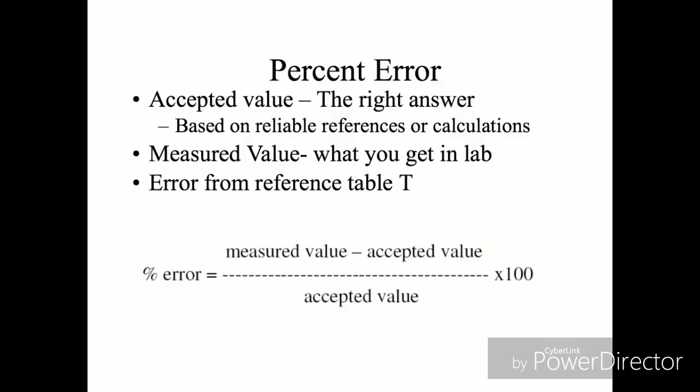The accepted values are going to be values that are given as an accepted value or found in reference table S. Now recall that your percent error could be positive or negative. A positive percent error means the measured value is greater than the accepted value. A negative percent error means the measured value is less than the accepted value.